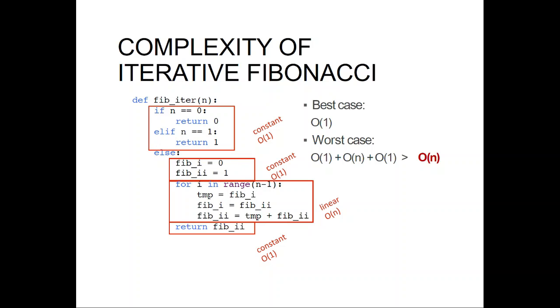Here you can explore the complexity of different variations of the Fibonacci algorithm implementation. In this one, we have the order to be O of n because of the presence of this for loop.